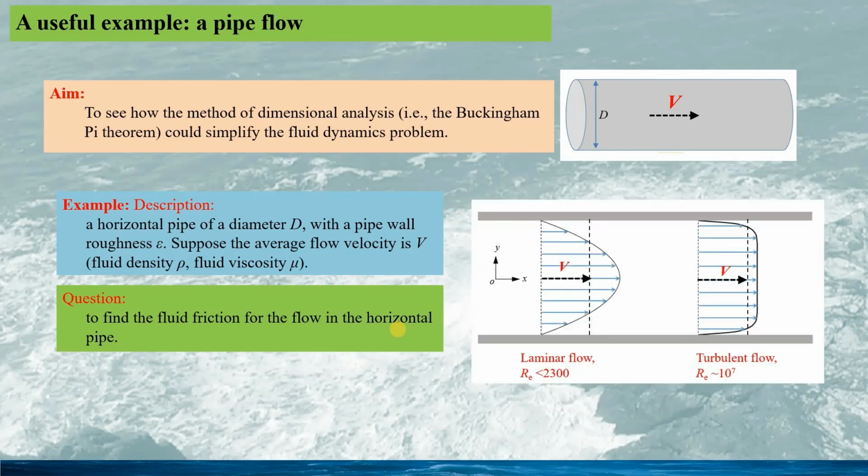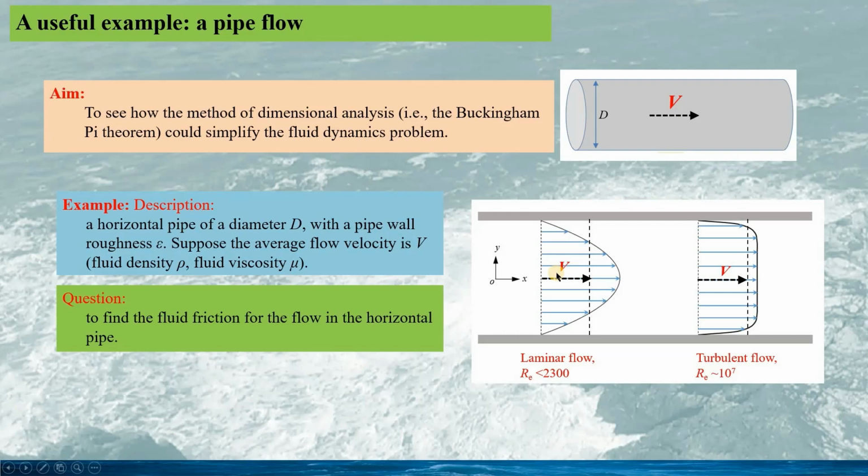In fact, the problem can be quite complicated. It is very dependent on the flow Reynolds number. As we all know, when the pipe flow velocity is very small and the corresponding Reynolds number is less than 2,300, the flow can be laminar.